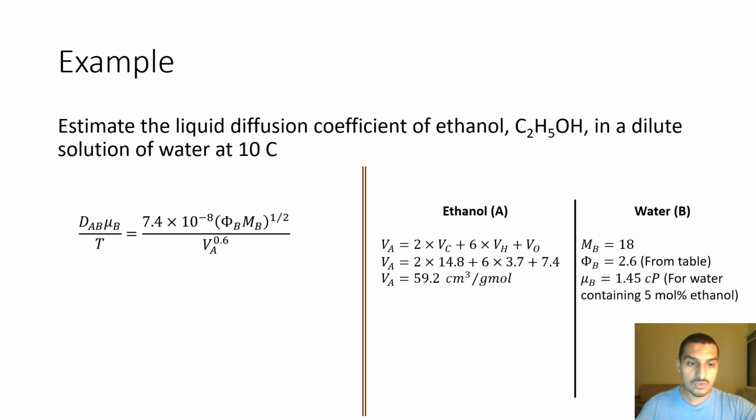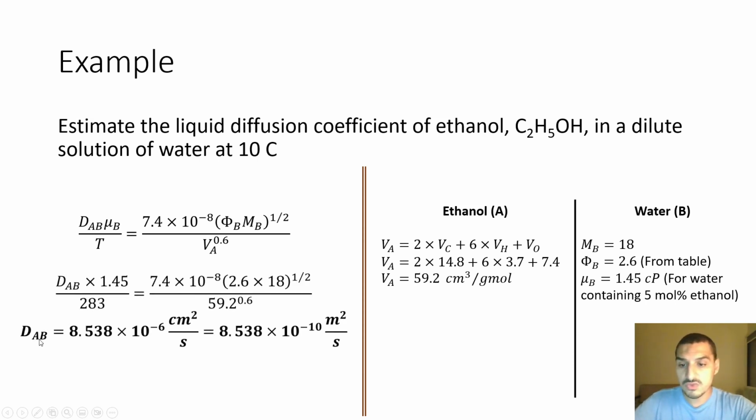The viscosity is 1.45 centipoise, and notice that the viscosity is in centipoise. And here we calculate the molecular volume of ethanol, which is 2 multiplied by the volume of carbon plus 6 multiplied by the volume of hydrogen plus 1 multiplied by the volume of oxygen, which is 59.2. So now we have all the parameters.